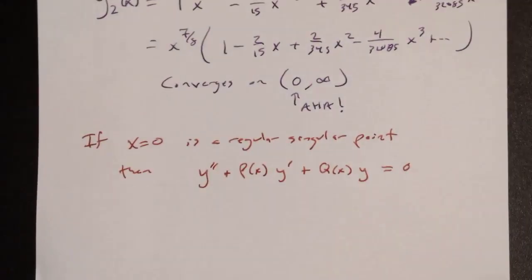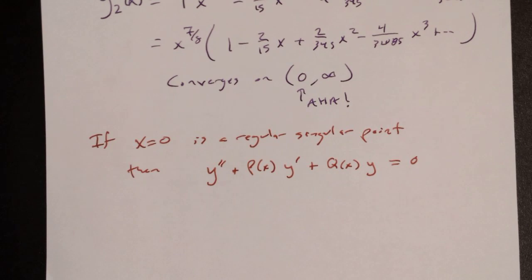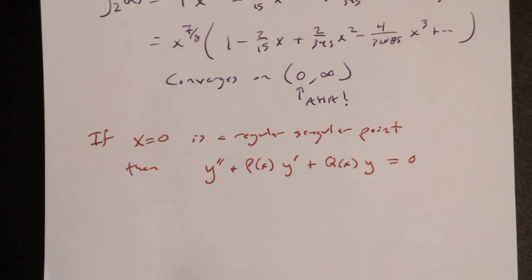And if it's a regular singular point, multiplying by an extra x here makes it nice. Multiplying by an extra x squared here makes it nice. So I can actually change these if I multiply through by x squared.